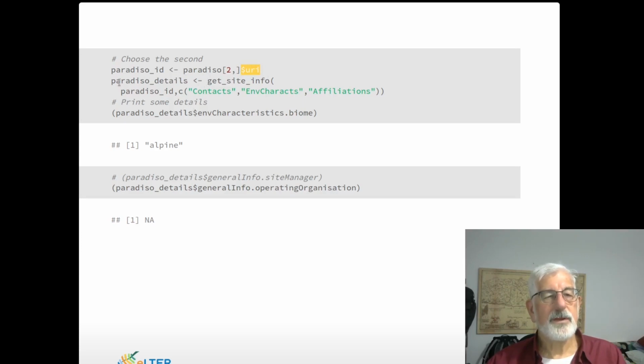And then we'll query using get site info, as we did in the previous video, for contacts, environmental characteristics, and affiliations. If we address the item called environmental characteristics, we see that we have a biome listed in DIMES for this site. If we subset for general info and the operating organization, then we get back no data.